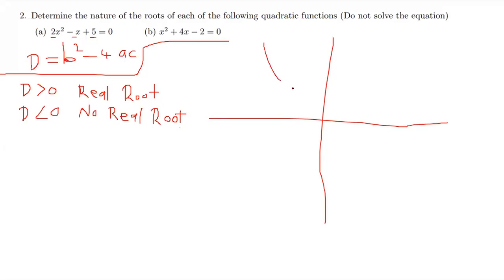It can have a minimum value like that, or it can be like that, as long as it's not cutting the x-axis at any point. Then know to say it has no real roots. In other words, it has imaginary or complex roots.